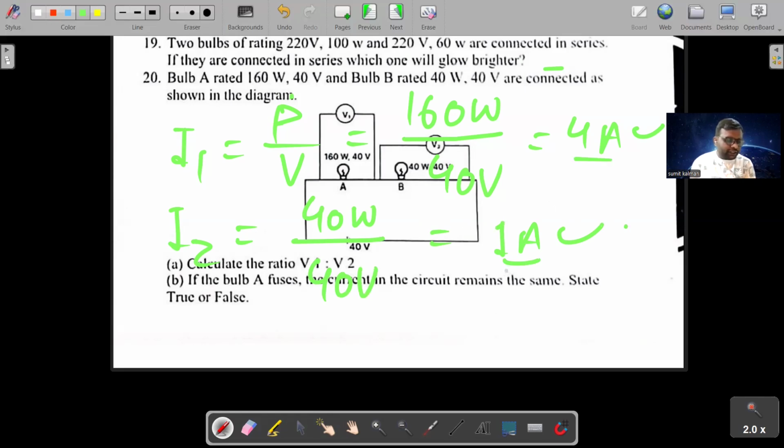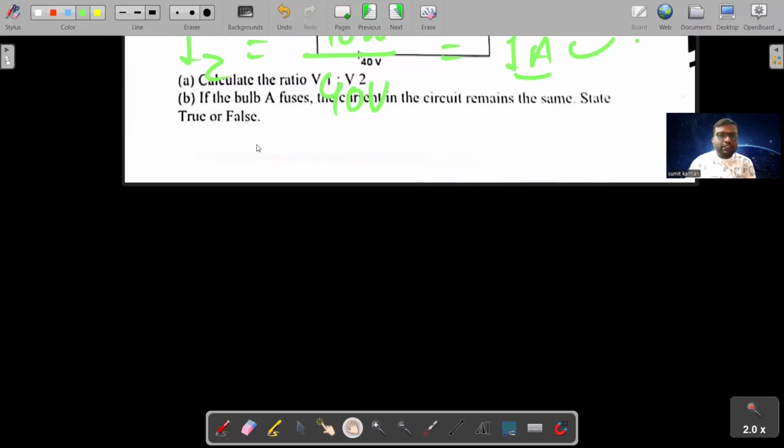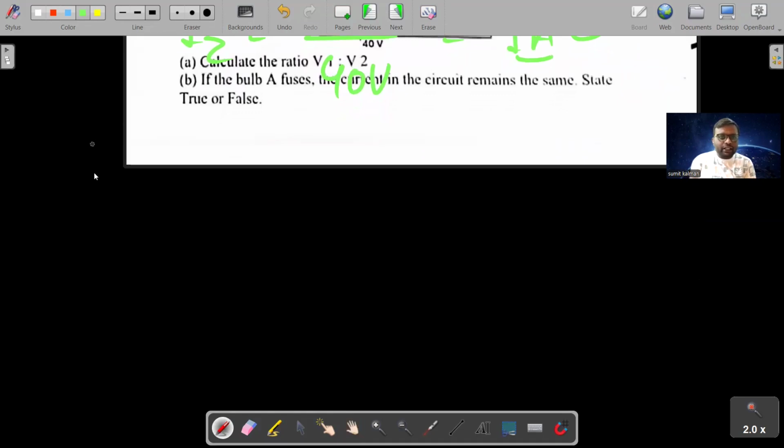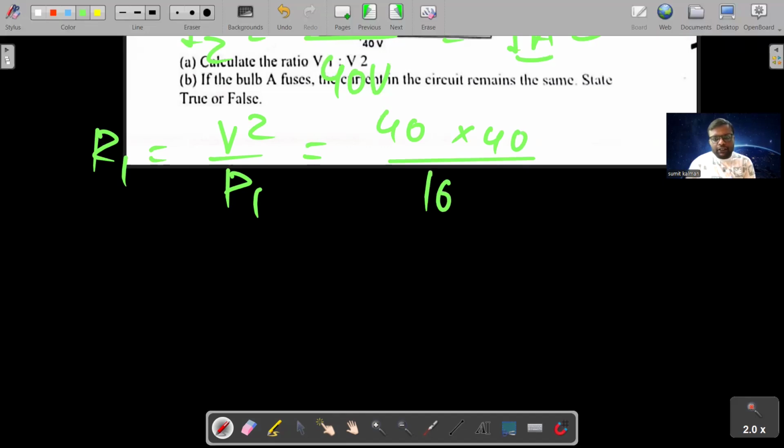Now next, we have to calculate the resistance for bulb A. How to calculate it? R1 is equal to V square upon P1. So here it is 40 into 40 upon power, which is 160 watt.